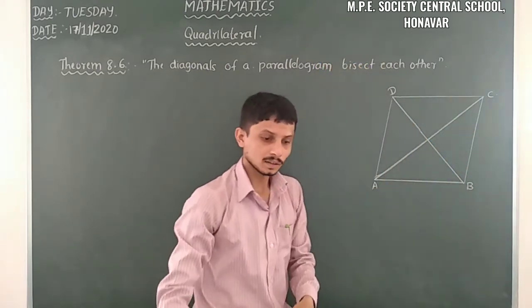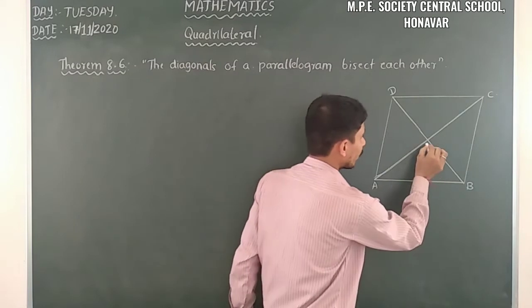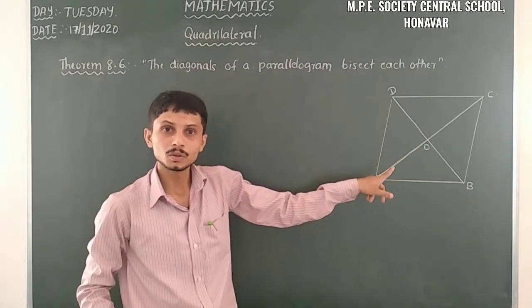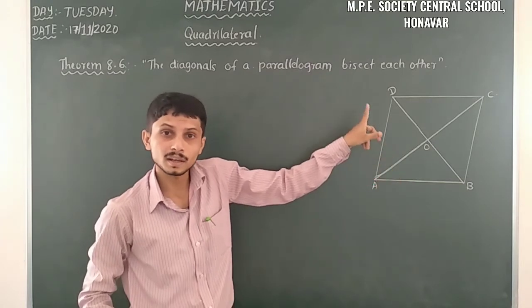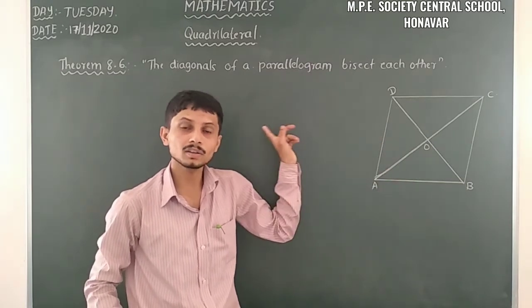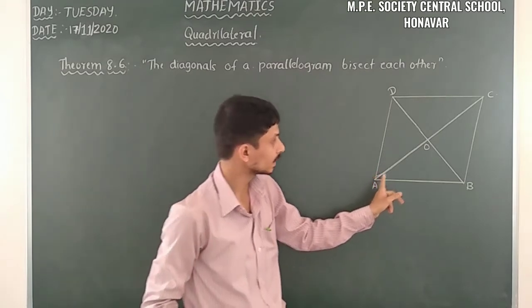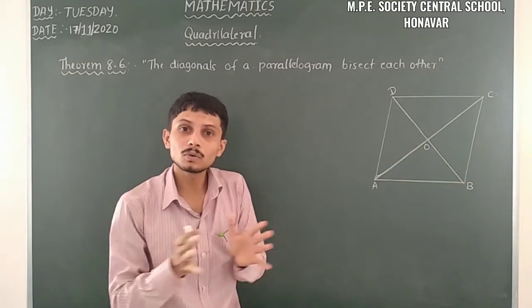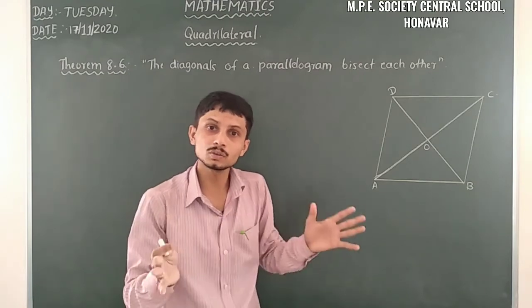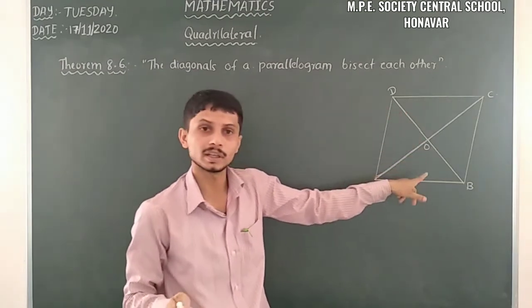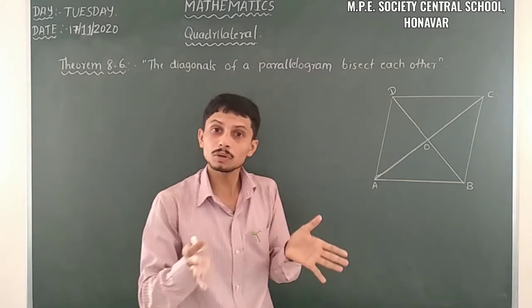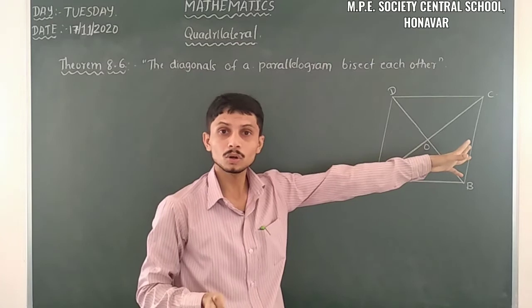Both intersect at a point O. So the diagonals of a parallelogram bisect each other means AC divides BD into two equal parts. That means OB is equal to OD. And diagonal BD divides AC into two equal parts. That is AO is equal to OC.